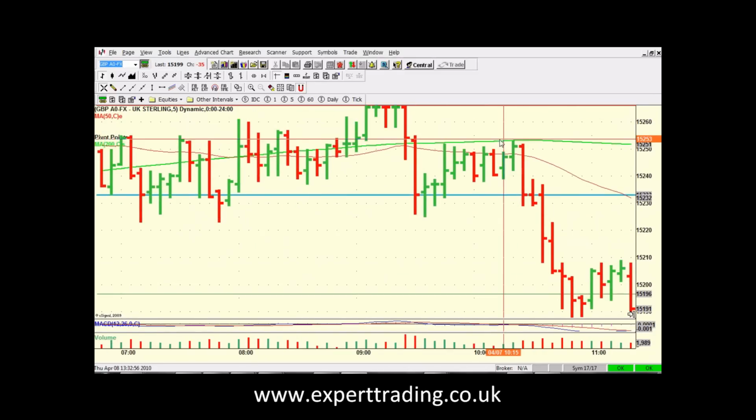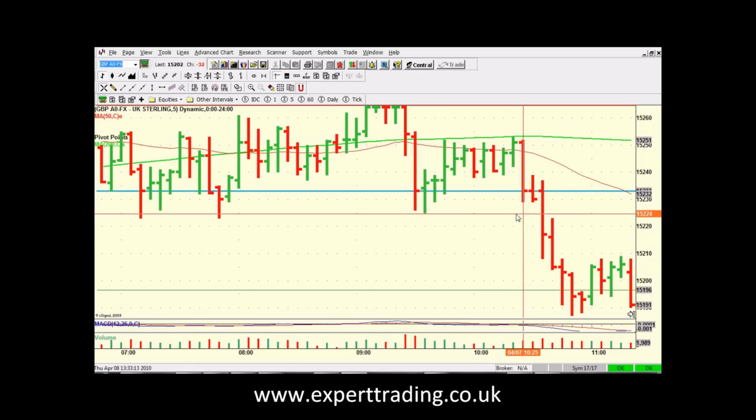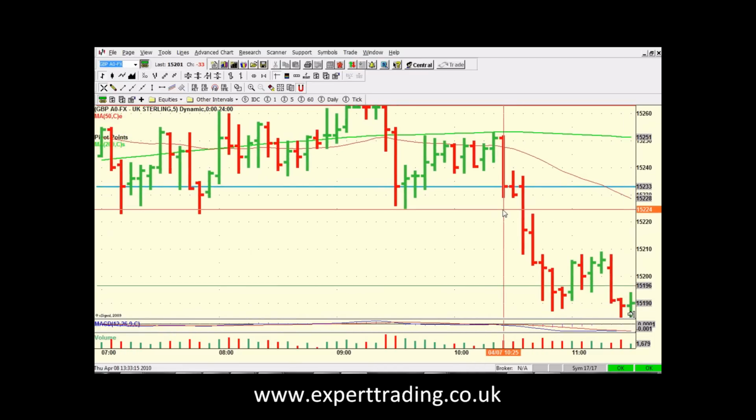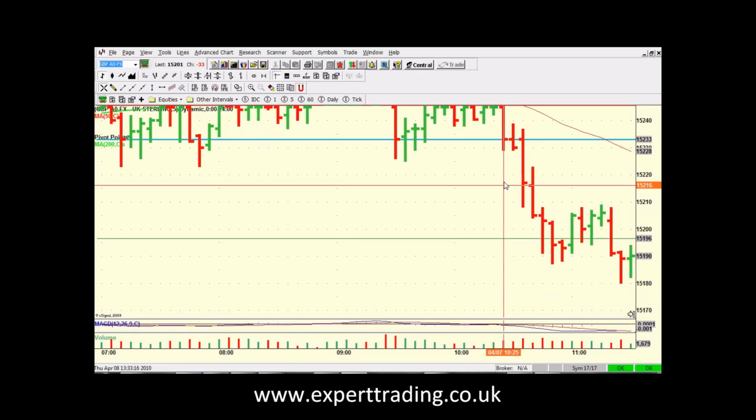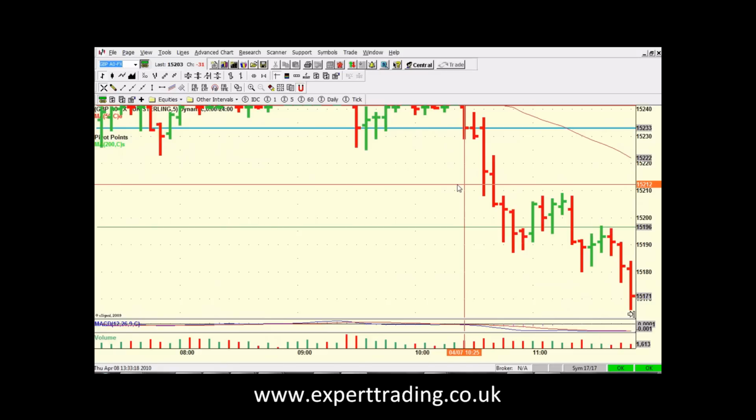Our stop loss is up here, that's about 24 pips away. So we got into price here at about 28, let's say, about 29. Stop loss up there at about 53, 54. That's about 25 pips, right? And then price moves down a bit more, all the way onto S1.